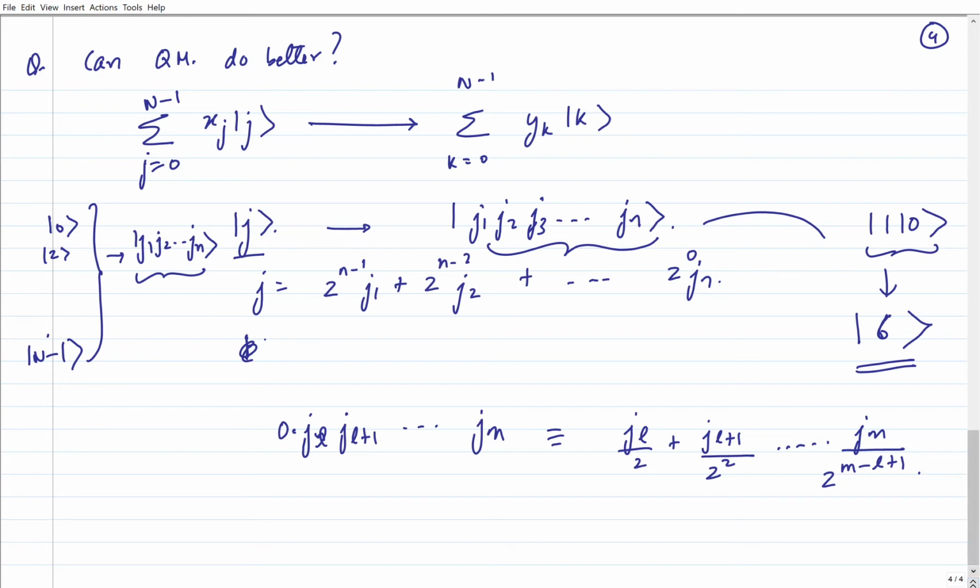This is just going to make our life a bit easier, keeping this in mind, going back and forth from the binary representation to the large n representation.